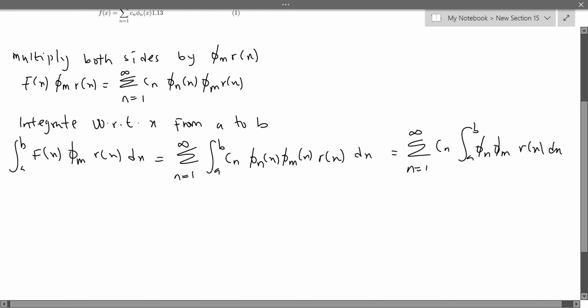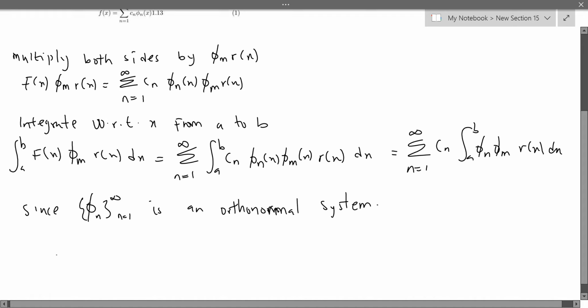When you get to this point, what you need to do is very simple. Since this set of phi n is an orthonormal system, what does it imply?